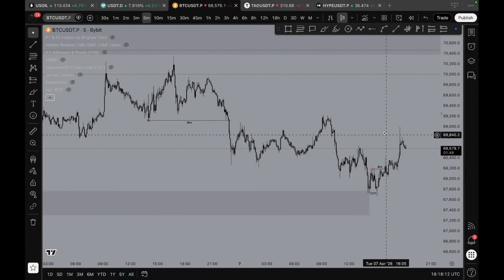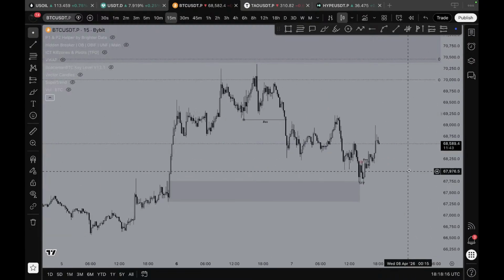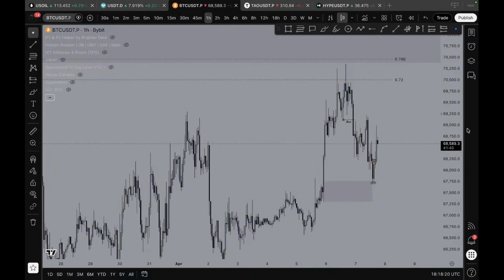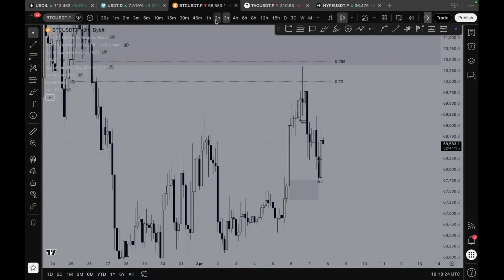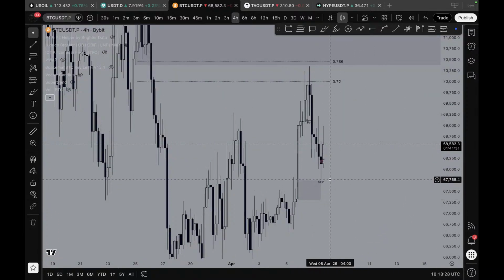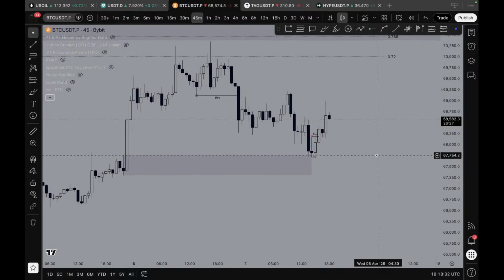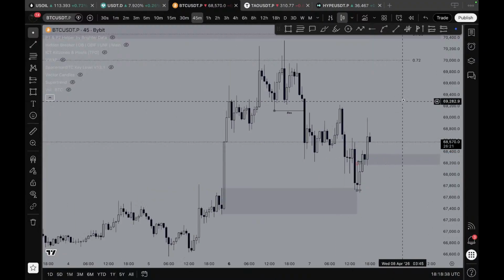And then the next POIs I'm mainly watching, let's see, on the hourly, do we have the 4 hours, pretty nice with that wick, but we could also just retest it. I like here on the 45 we have pretty clean demand right here.